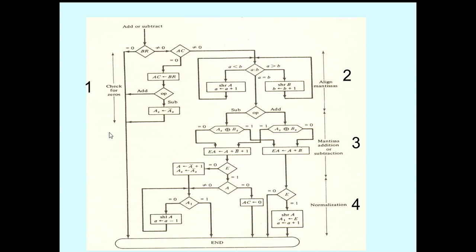If both are zeros, then we end. If AC is not zero, then whatever the BR value is, it can be transferred to AC, and then according to the operation, either addition or subtraction, we do it. For subtraction, we complement the sign of the A's, and then end the operation.